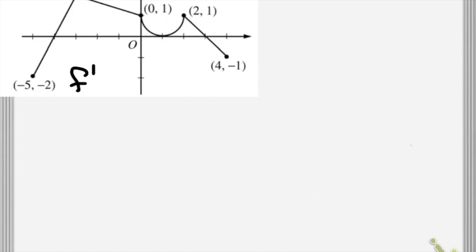All right, so now it's still the graph of f prime, but we want where f is increasing. Just where it's increasing, not decreasing. f is going to be increasing when f prime is positive. f is decreasing when f prime is negative. We're only going to look for the increasing for right now.